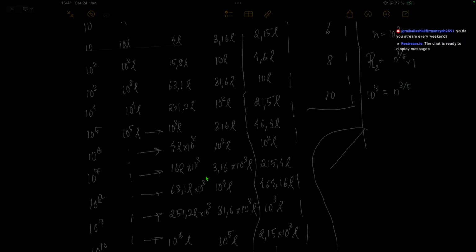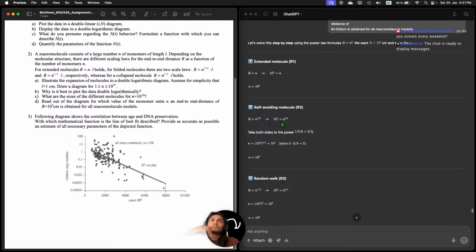Let me check. 3 by 5, you convert it to 0.6. Take both sides to the power. So when you bring this power to the other side, it gets flipped. Okay, I guess that's doable.